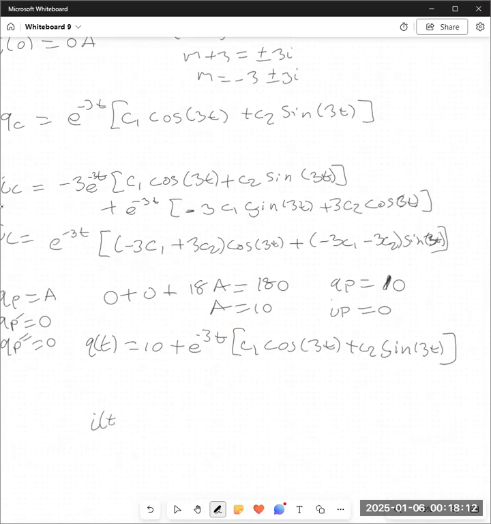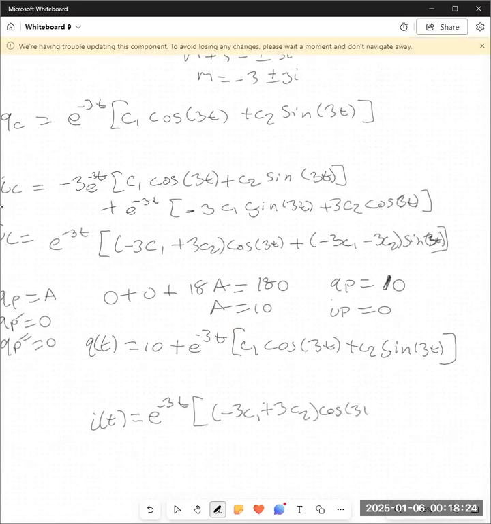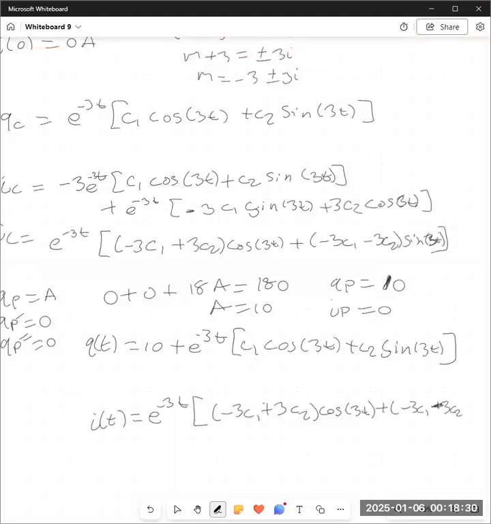So I of t is going to be e to the negative 3t times (negative 3C1 plus 3C2) cosine of 3t plus (negative 3C1 minus 3C2) sine of 3t.